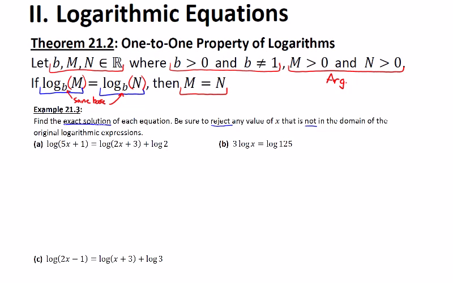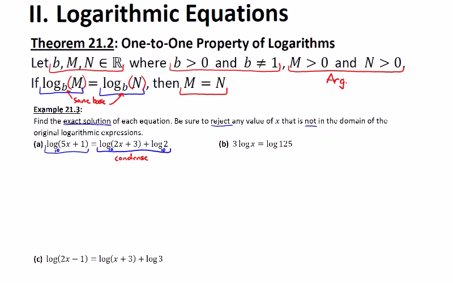Now the left-hand side is a single logarithm with an implied base of 10. This is a common log. On the right-hand side, we do not have a single logarithm. We have two logarithms, but they do both have the same base, also 10. So what I'll do on the right-hand side is a condensing using the properties that we saw in section 20, so that way I can get that down to just one single log statement.